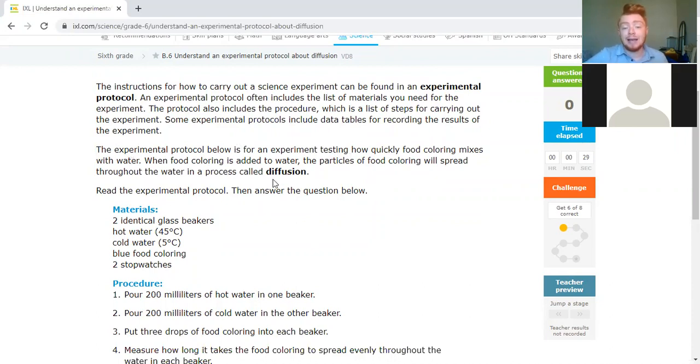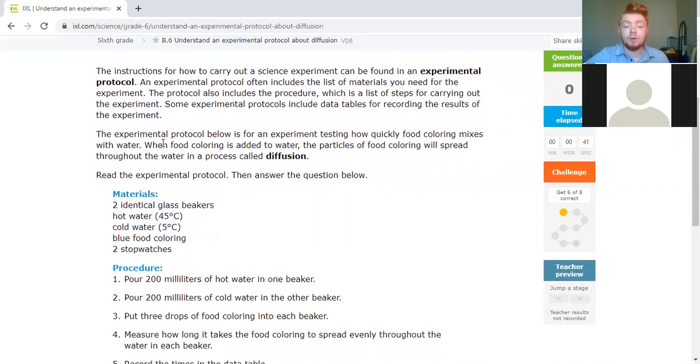When food coloring is added to water, the particles of food coloring will spread throughout the water in a process called diffusion.